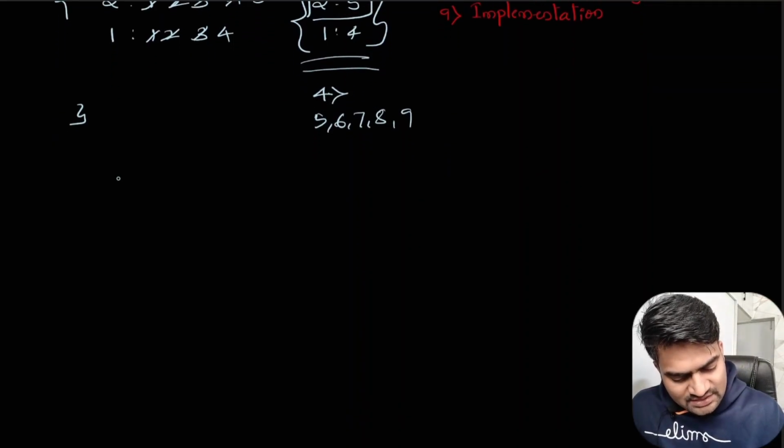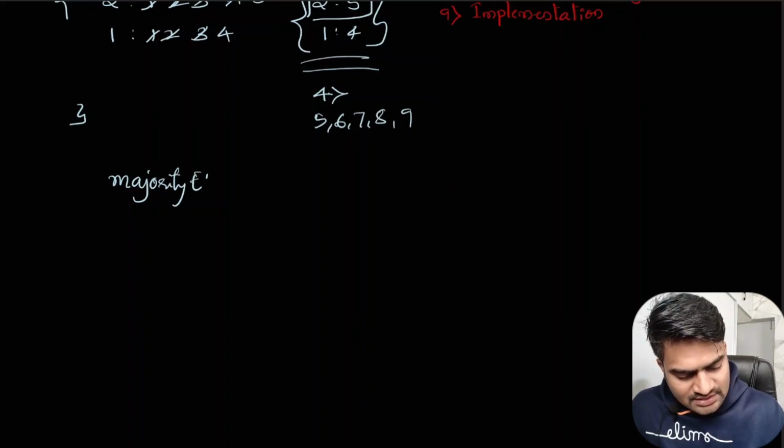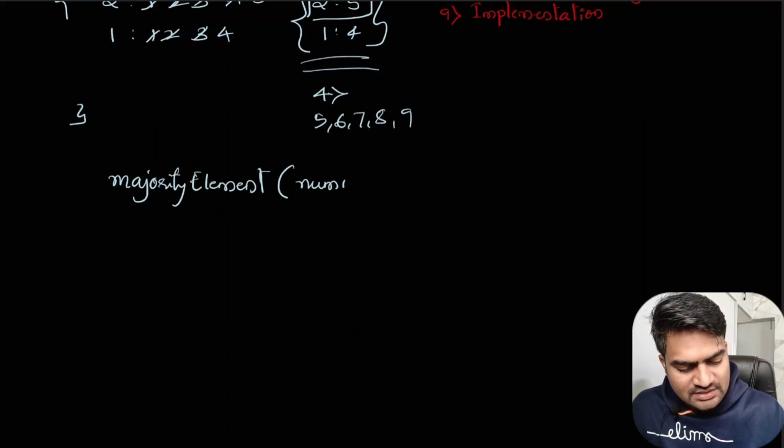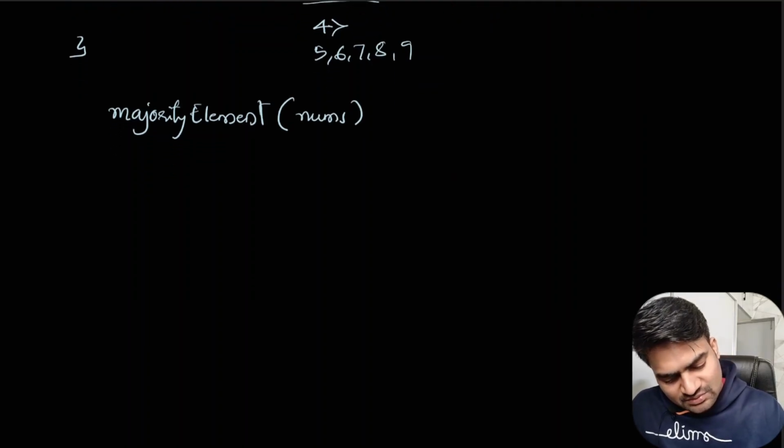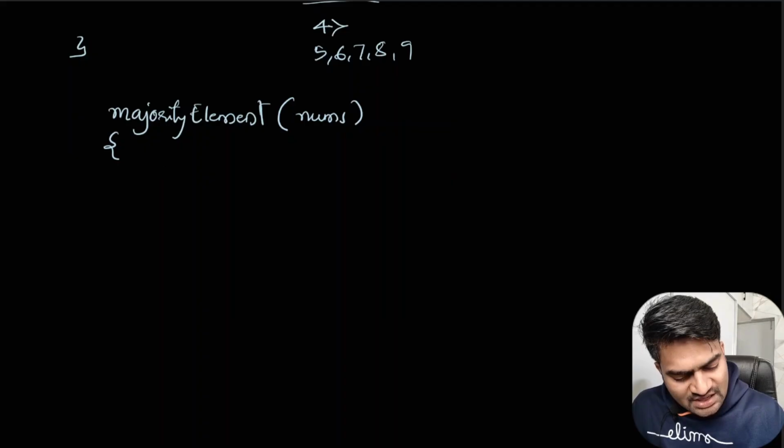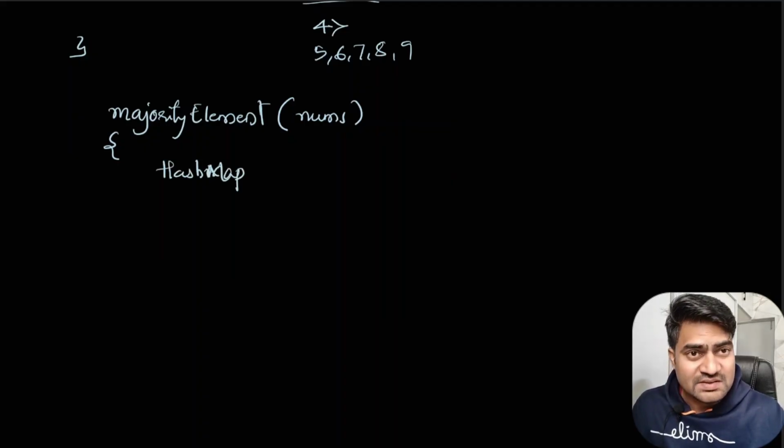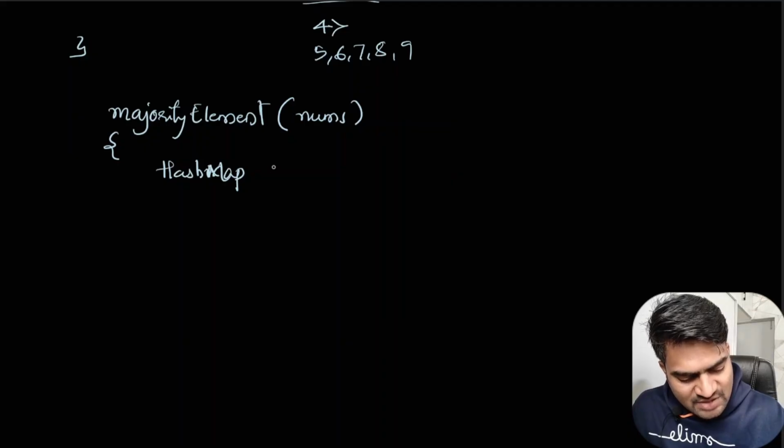I will take a majority element method. It accepts a nums array. Now I will take a hash map, or in some languages it is also called a map.